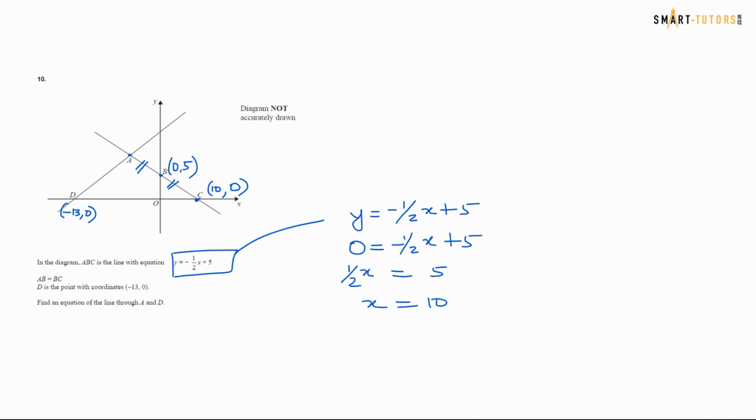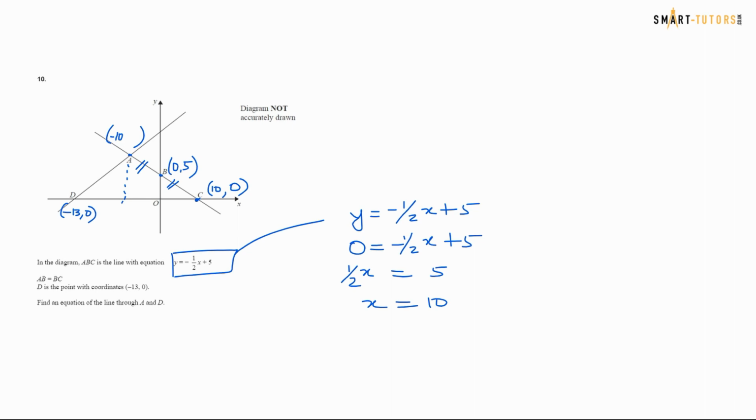Now we are going to find the coordinate of A. So B is the midpoint. What would be the A coordinate? So the midpoint's x coordinate is 0. So 10 plus something divided by 2 is 0. So the A's x coordinate has to be -10, because then -10 plus 10 is 0, and 0 divided by 2 is 0.